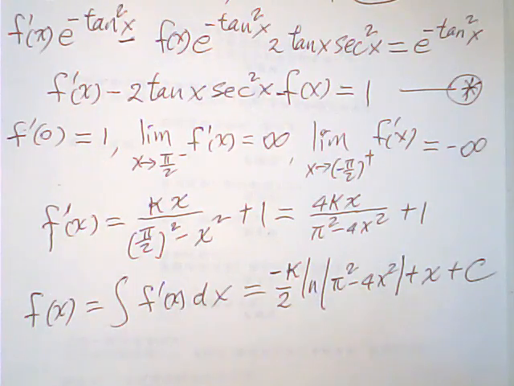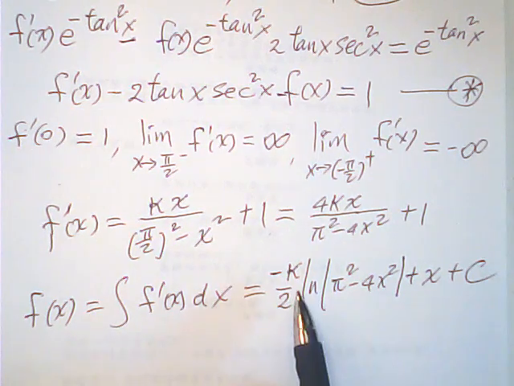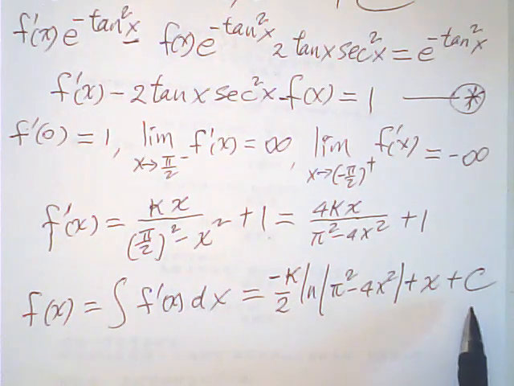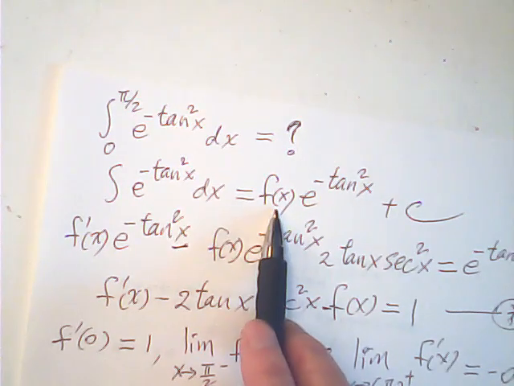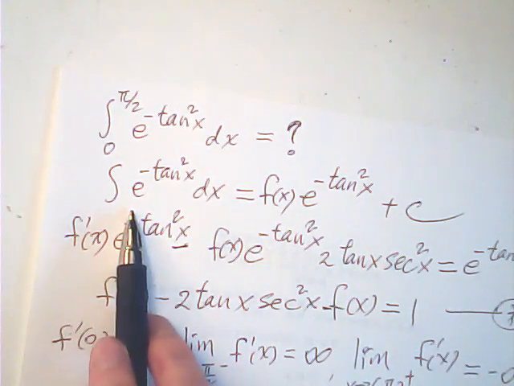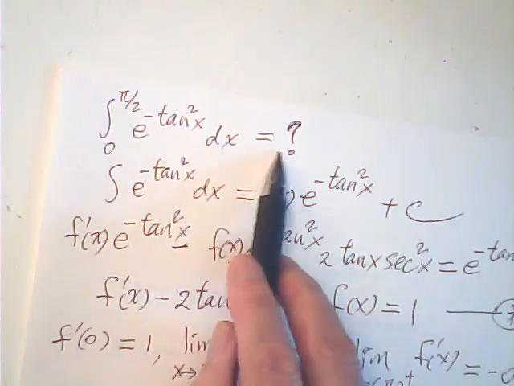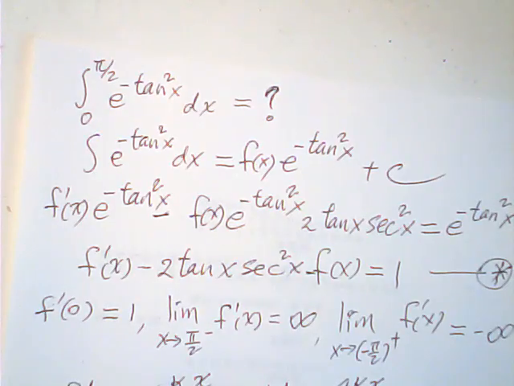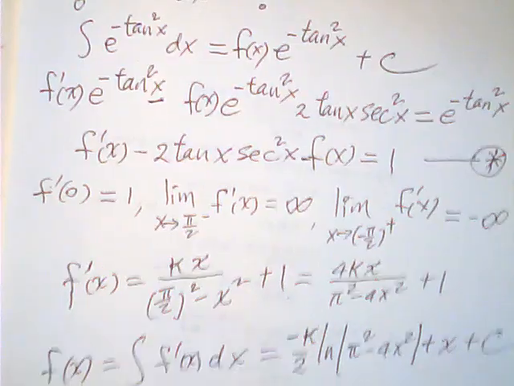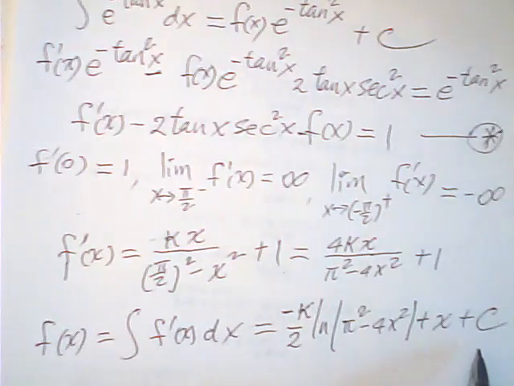Very good. Now, if we can find k and c, we find f of x. Then we plug it there, we find the antiderivative, and then we find this target integral. So how do we find k and c?